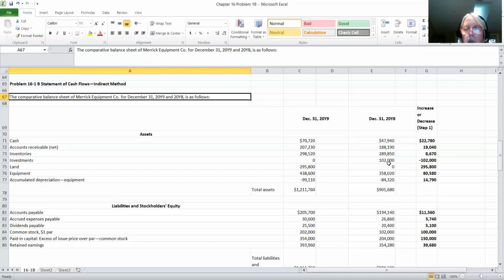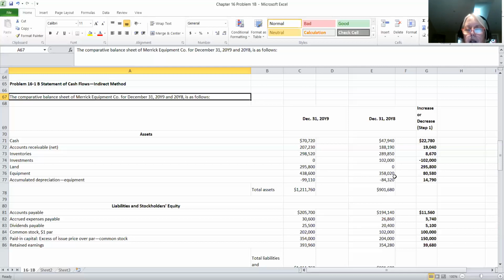My investments decreased, so that means we must have sold the investments, but we had a decrease of $102,000, the cost of those investments. My land, we didn't have any land in 2008, so we must have purchased $295,800 of land. That's an increase in land during that period of time.